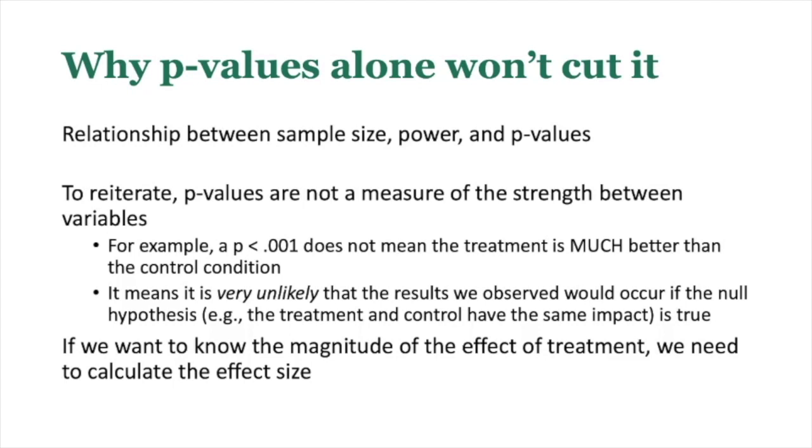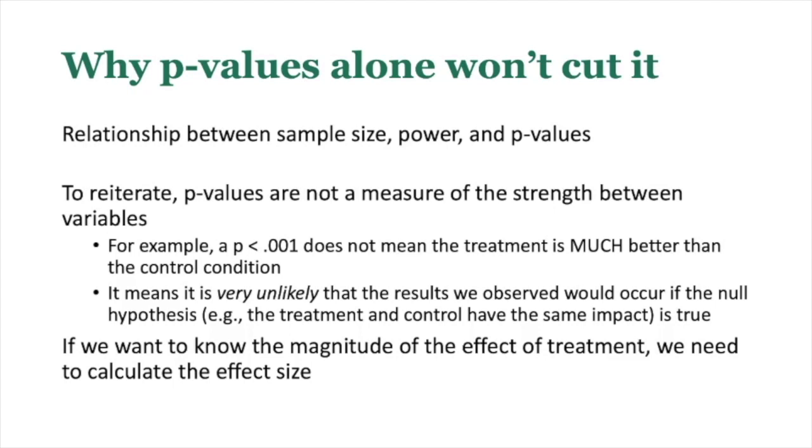So for example, a p-value of less than 0.001, so something really significant, does not mean the treatment is much better than the control condition. Rather, it means it is very unlikely that the results we observed would occur if the null hypothesis, which in this case could be the treatment and control have the same impact, is true.